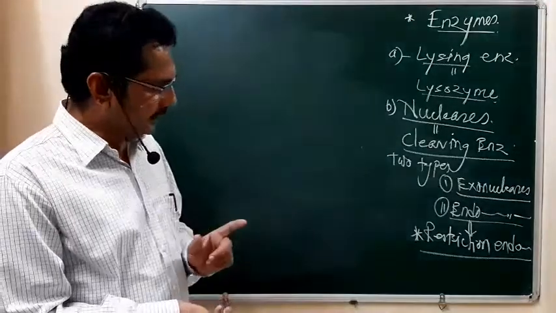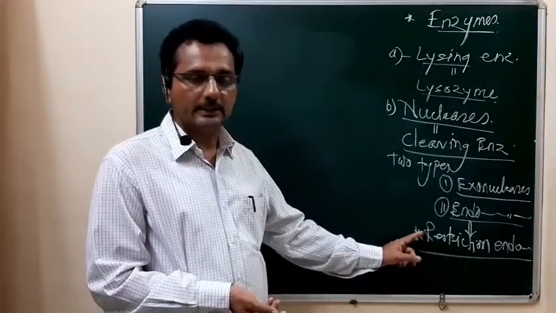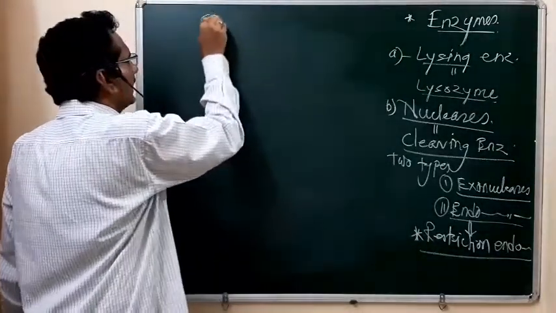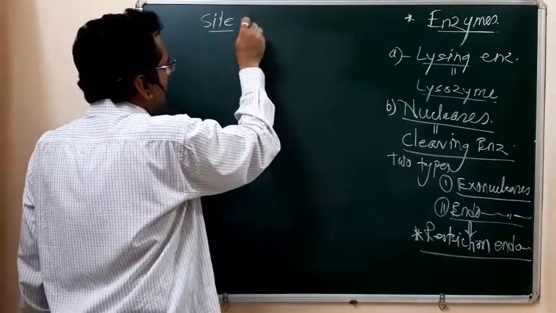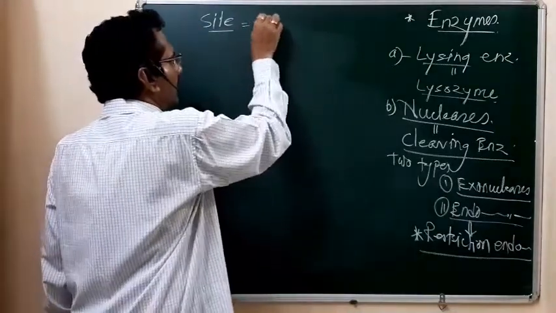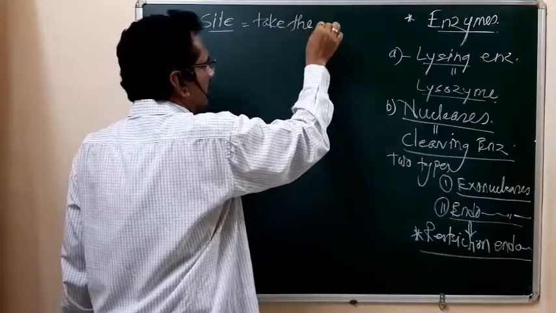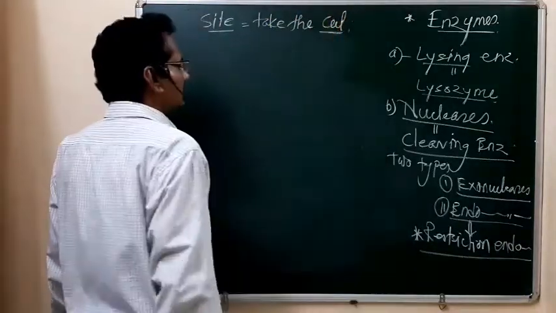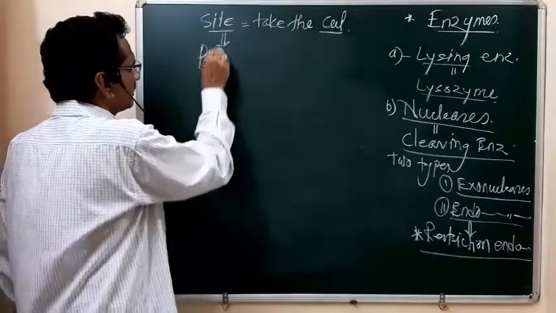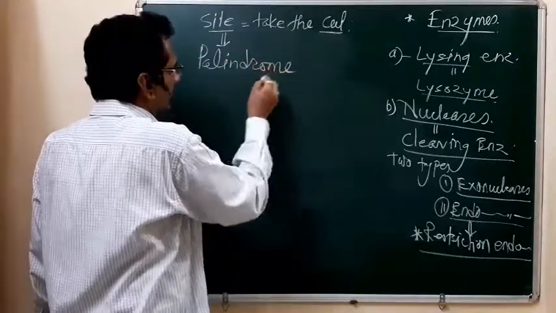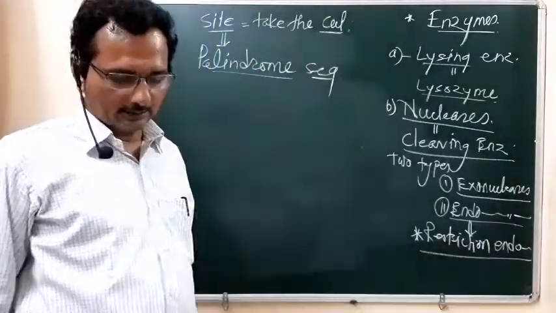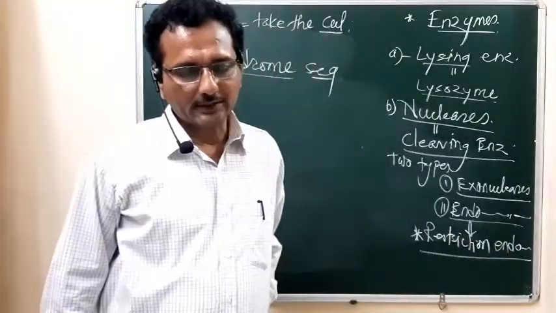This restriction endonuclease cuts the DNA at a particular site, and the site where the restriction endonuclease takes the cut is called the palindrome sequence.